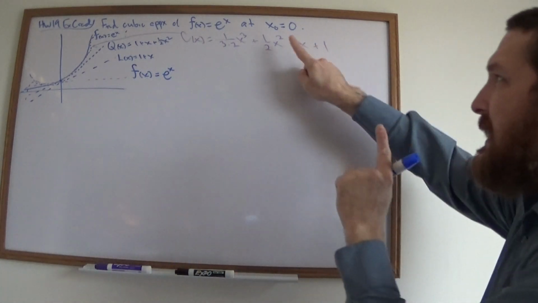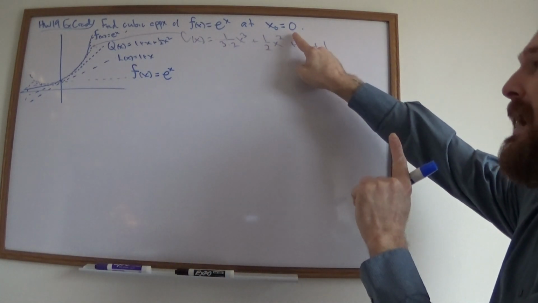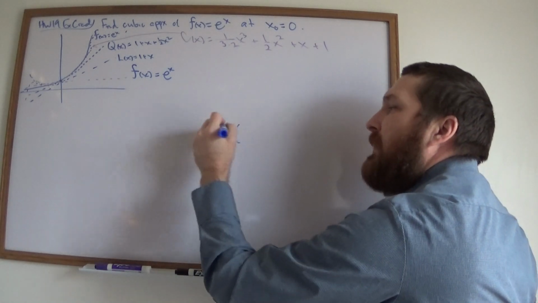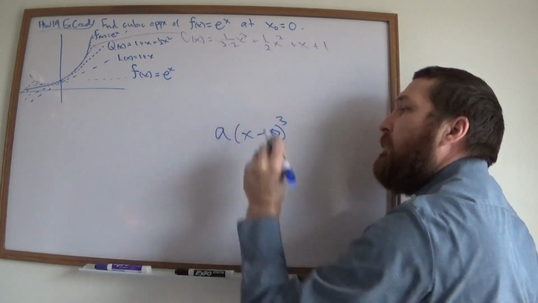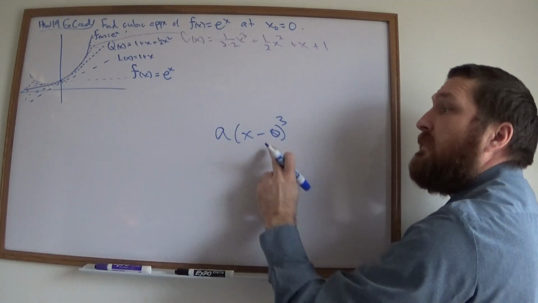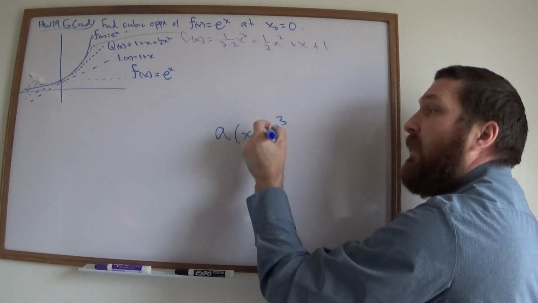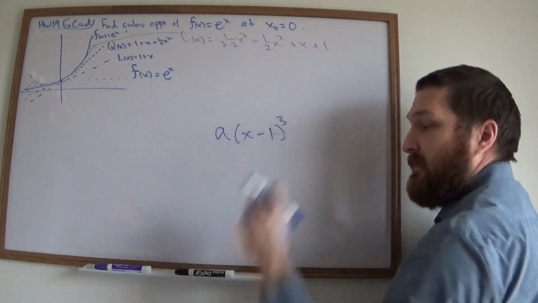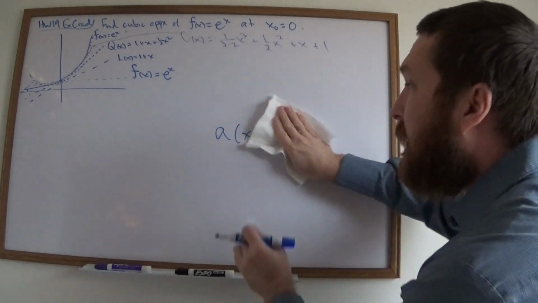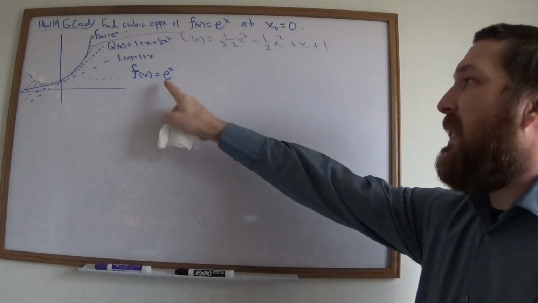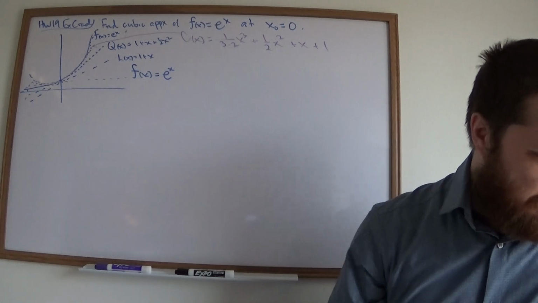And since x0 is at 0, I'm not going to worry about writing ax minus 0 cubed. But if it were anywhere else, I absolutely would. Like, if it were at 1, I would write this out like this. And we'll do that in a minute when we do this in general. But right now, we have a specific example of e to the x.